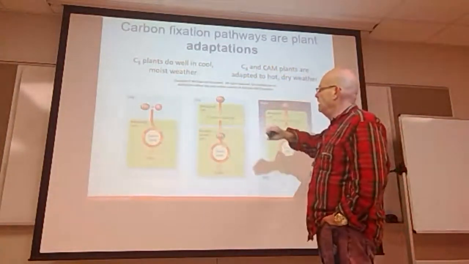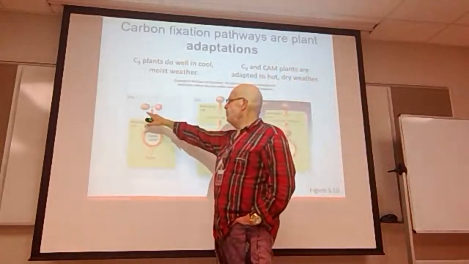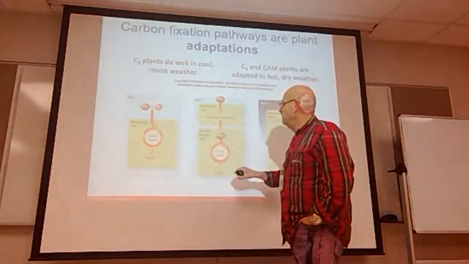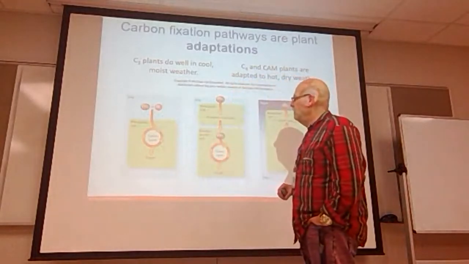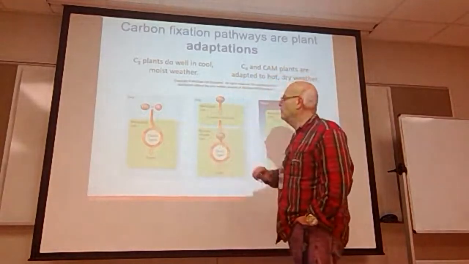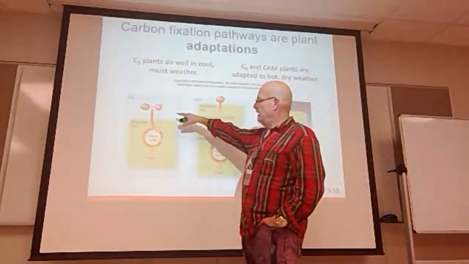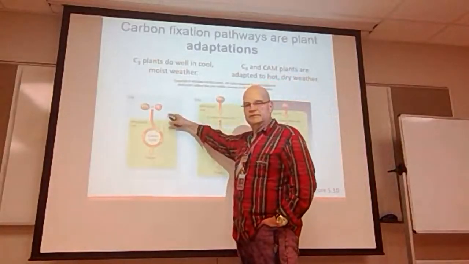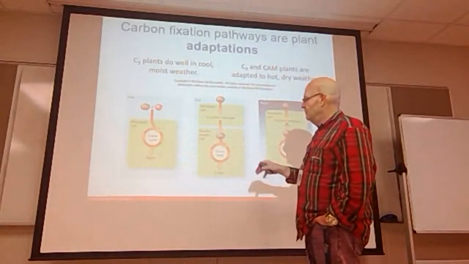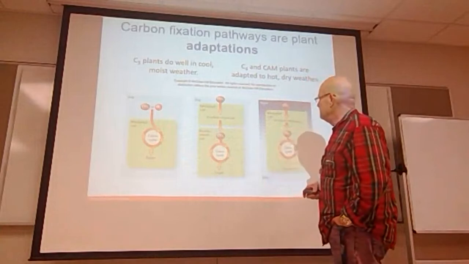You then have the C4 plant, which breaks the sugar down into 2 3-carbon molecules. This one, we break it down into a 4-carbon molecule, ergo C3 and C4. If you'll notice, the C3 plant has 2 steps, whereas the C4 plant has an additional step here that has to take place.